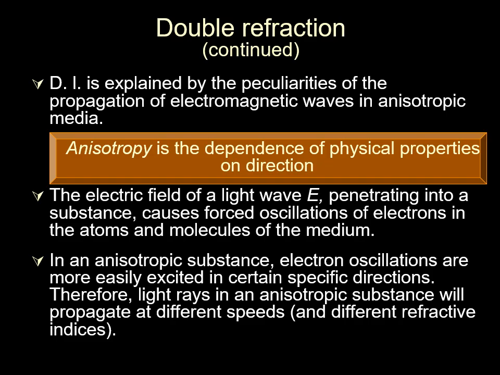But in anisotropic environments, environments in which the properties differ depending on the direction, that is, different densities, different distances between the nodes of the crystal lattice, different electromagnetic properties, the light wave will propagate at different speeds.